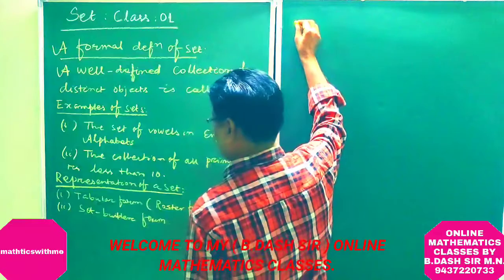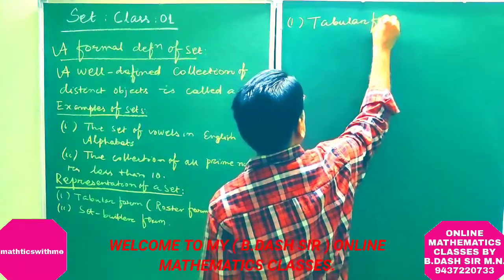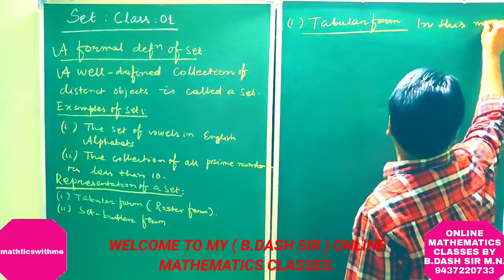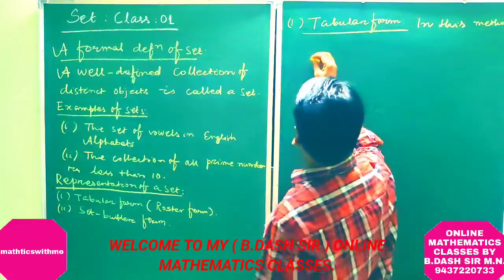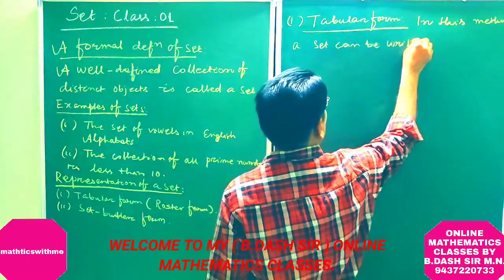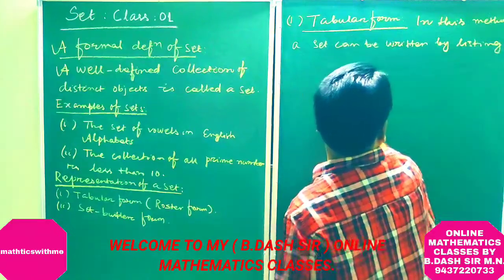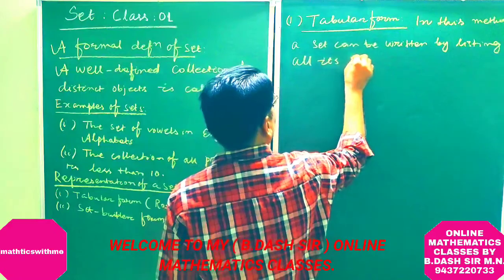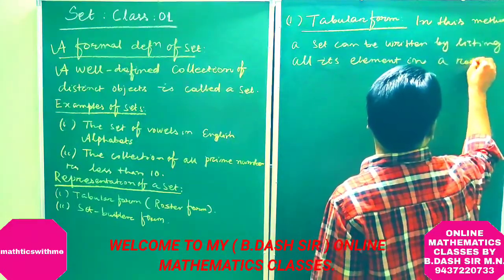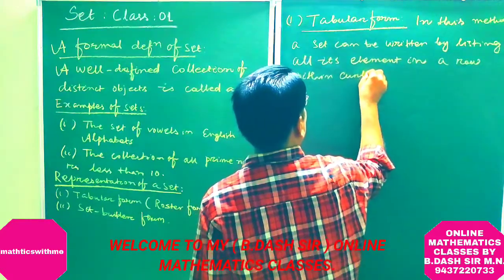Now, the first one is tabular form. In this method, a set can be written by listing all its elements in a row within curly brackets.